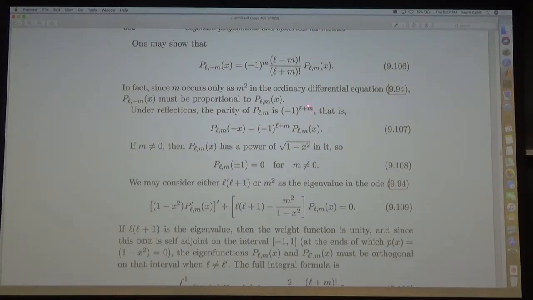Under reflections, the parity we've seen is minus 1 to the L plus m. And if m is not equal to 0, then P_L^m has a power of this square root in it, and consequently it vanishes at x equals plus or minus 1, which corresponds to theta equals 0 and theta equals pi. So the P_L^m for m not equal to 0 vanish here and there.